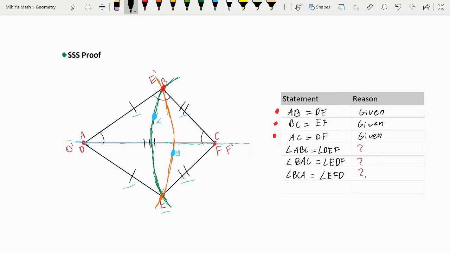So all of these I can mark as proven. So because all of these conditions were met, that means triangle ABC is congruent to triangle DEF.